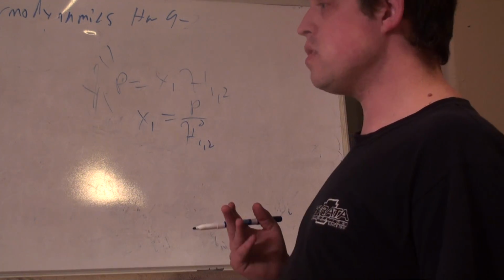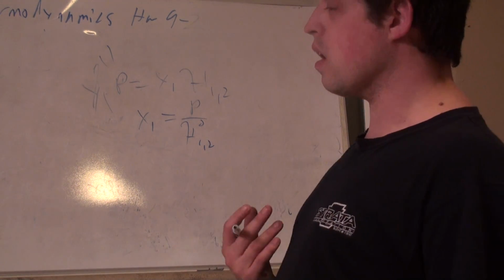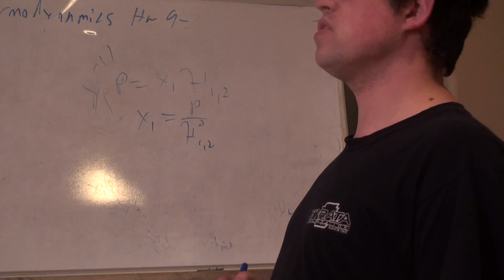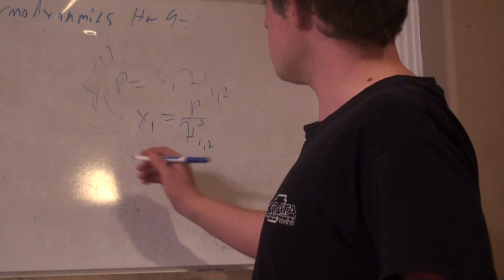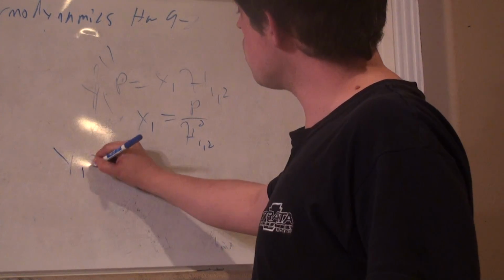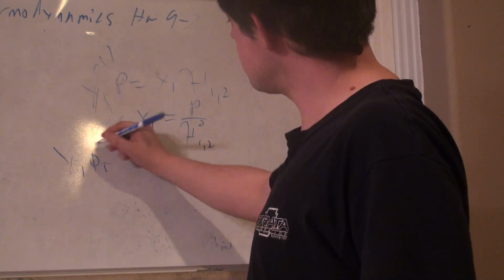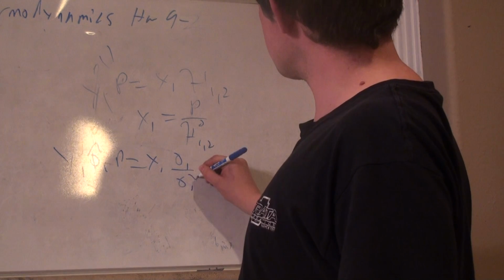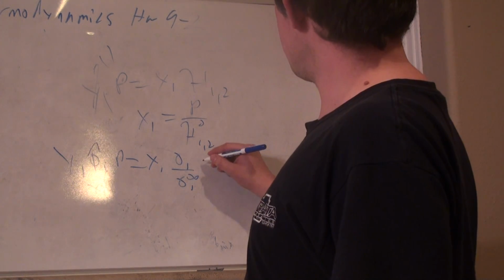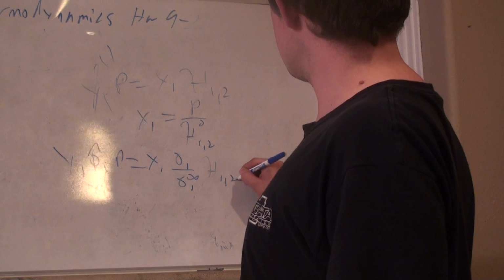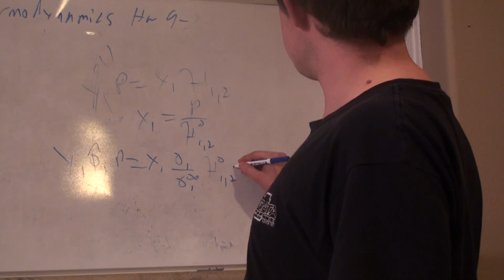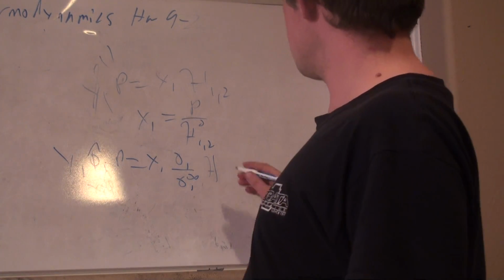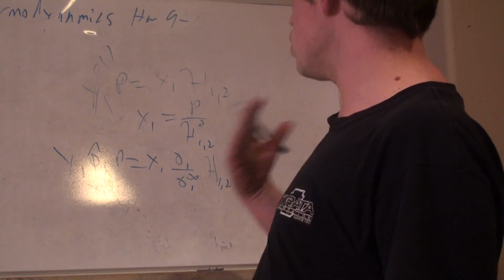Now where it gets tricky is I have to think about 100 bar. I can no longer use Henry's law for kids. I now have to use Henry's law for PhDs. Henry's law for PhDs says y1 phi1 hat P equals x1 gamma1 over gamma1 infinity times the Henry's law constant, and we're going to have to adjust it.